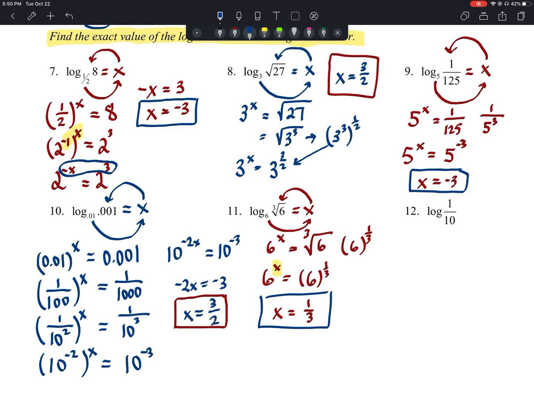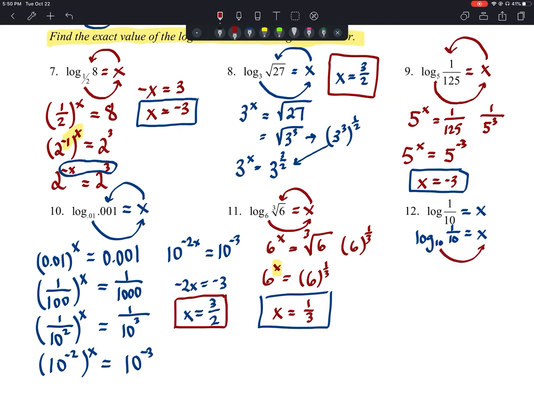All right, last one here. Number 12 says log of 1/10. Okay, so we'll set that equal to x, but remember here, there's no base written there, so that means the same thing as log base 10 of 1/10 equals x. So if you need to rewrite it, that's totally fine to do.